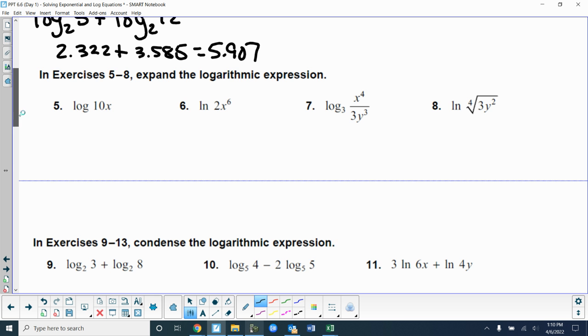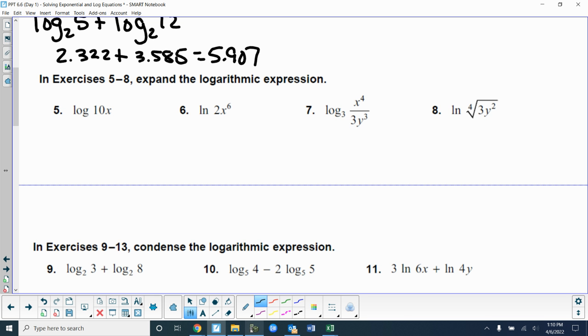All right, expand. All right, this means 10 times x, right? So I can make that as log of 10 plus log of x. We should know the answer to log of 10 without using the calculator. What is it? 1, because the base for a log with no number is 10, so the 10's cancel. So you should probably rewrite that like that.